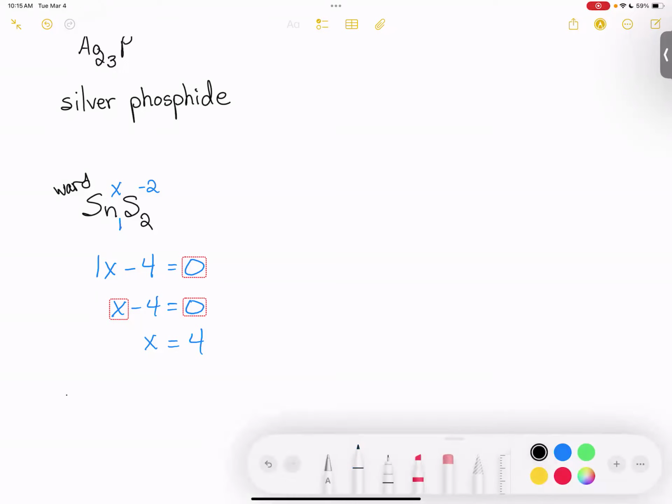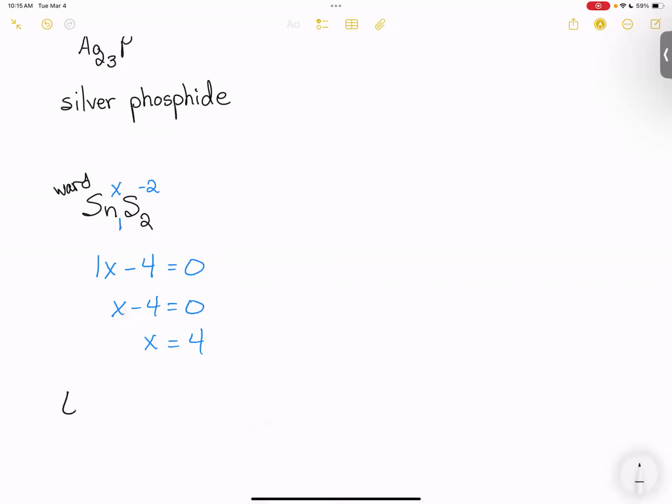So when we write it, it's tin(IV). And then you say the anion, and since this is an anion of an element, what is the ending? IDE, so this is tin(IV) sulfide.